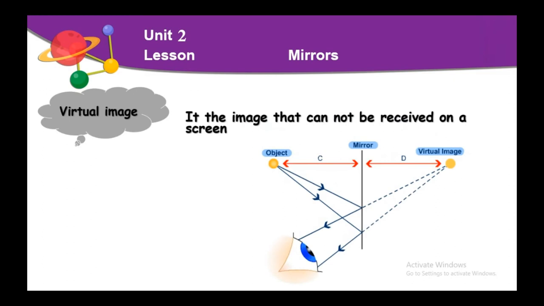Where is your object? We can see its virtual image formed behind the mirror by the extension of the reflected light rays, not the reflected light rays themselves.